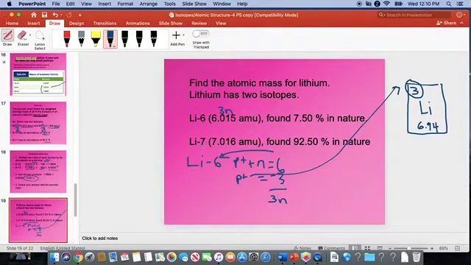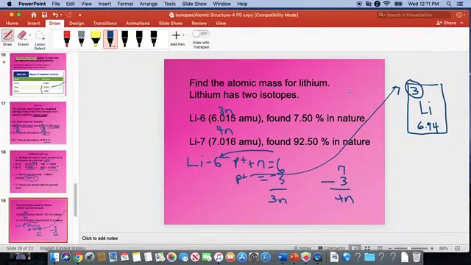Well, if we take the mass number 7 minus the atomic number 3, this isotope has 4 neutrons. So of course we can see in the mass here that the actual mass of lithium 6 in AMUs is less than the mass of lithium 7, because it has 1 fewer neutron, which has a mass of around 1 AMU. So you can see it's about 1 greater.